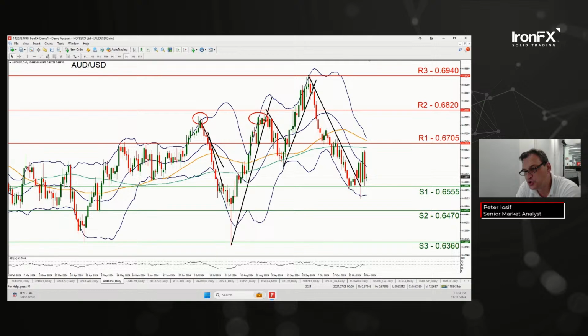And should we see signs that the Australian employment market remains tight, that could encourage the RBA to remain in a hawkish stance, maintaining rates high for longer. It may not hike even further, but it could keep the rates high for longer.